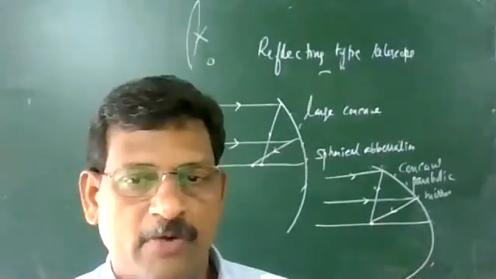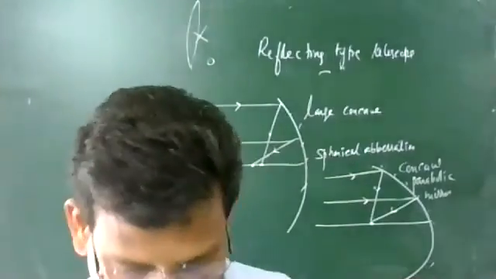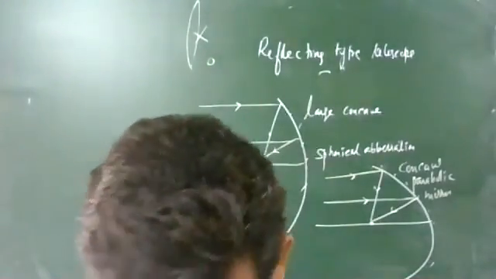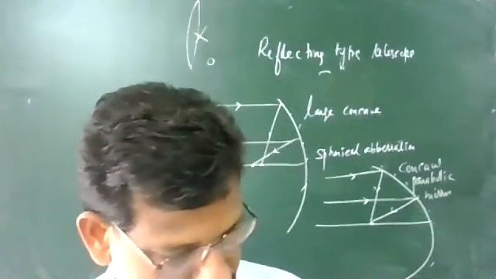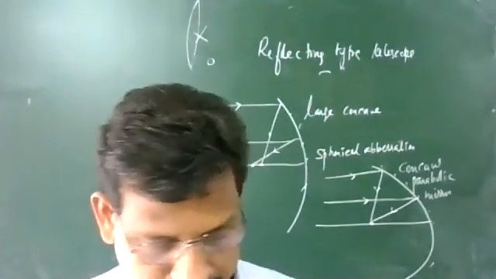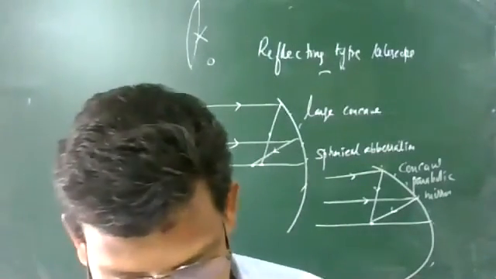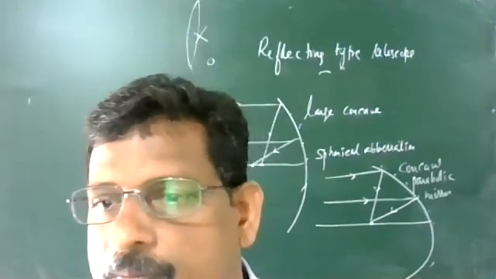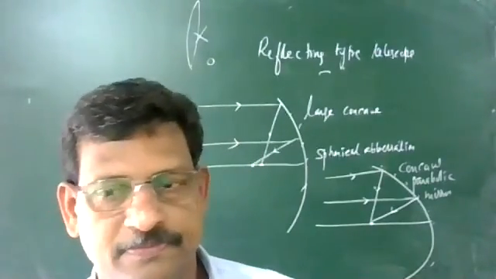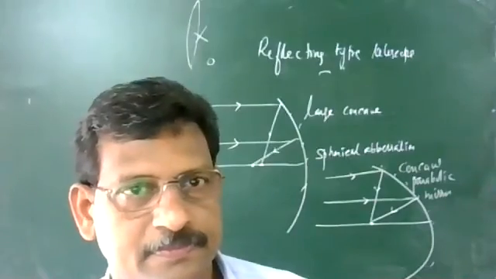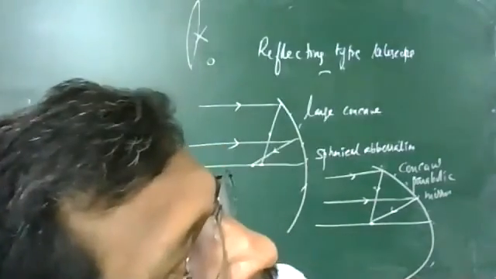Okay, Akshita, tell me what is the meaning of spherical aberration in a mirror? Arun, what is the meaning of spherical aberration? Paraxial rays and marginal rays meet at different focal points.